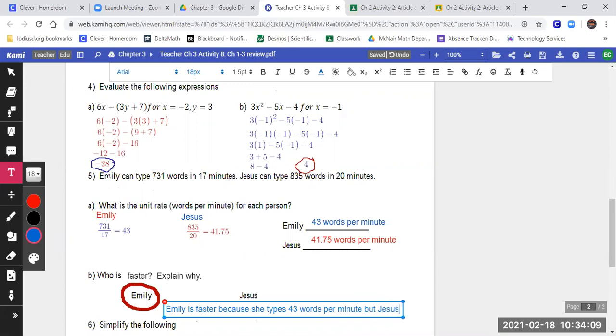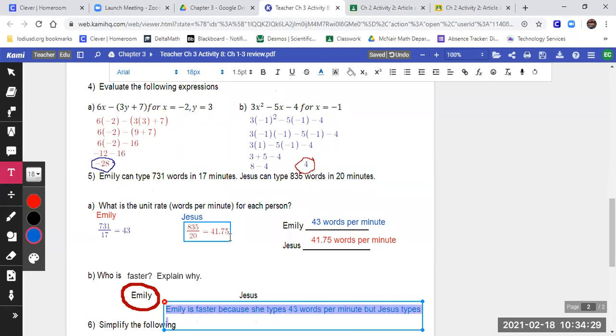But Jesus types what? So that's why they had you do part A, so you were ready to use the information in part B.